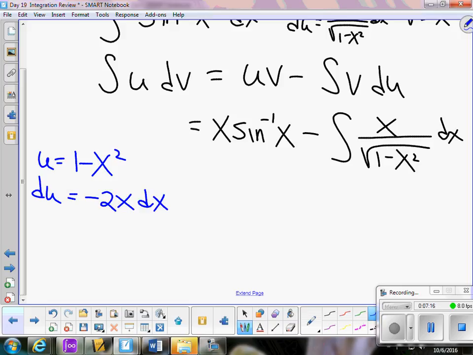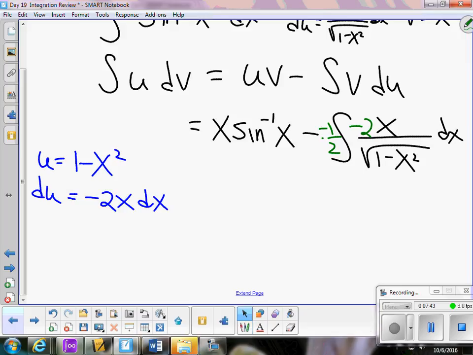Okay, so before I can rewrite that in terms of u and du, I have to make sure I've got the factors of du over there. So we need a negative 2 here, so we need a negative 1/2 up there.